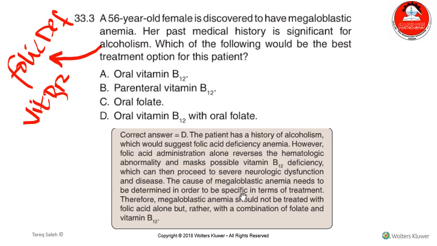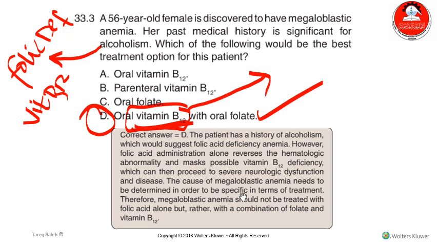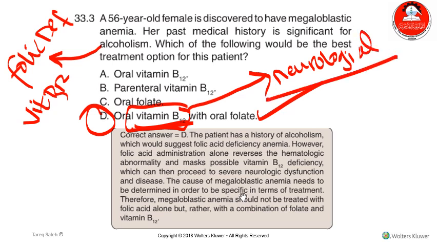Okay, so the answer to this question is D, because if this anemia was due to vitamin B12 deficiency and you treated with folate only treatment, you will definitely correct the anemia, but you will not correct vitamin B12 deficiency, and that can progress into life-threatening neurological disease. Can even progress to paranoia and schizophrenia.